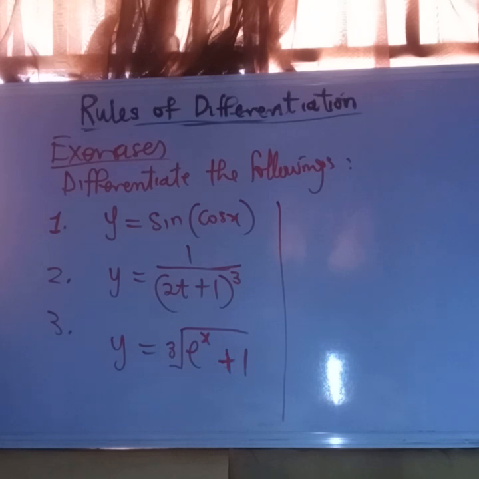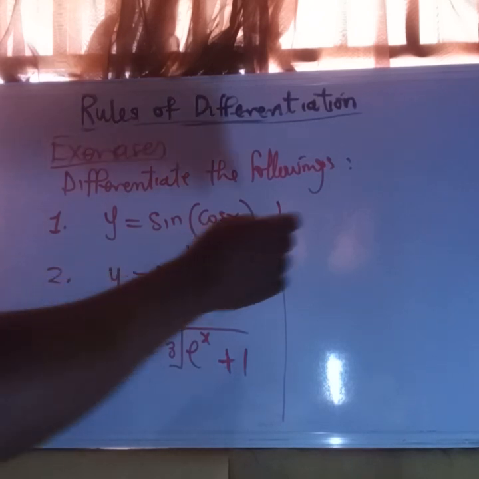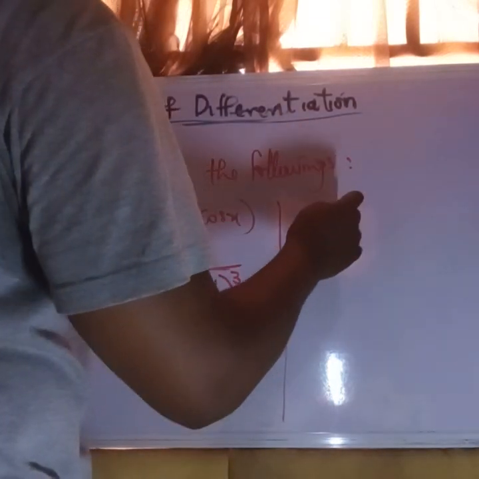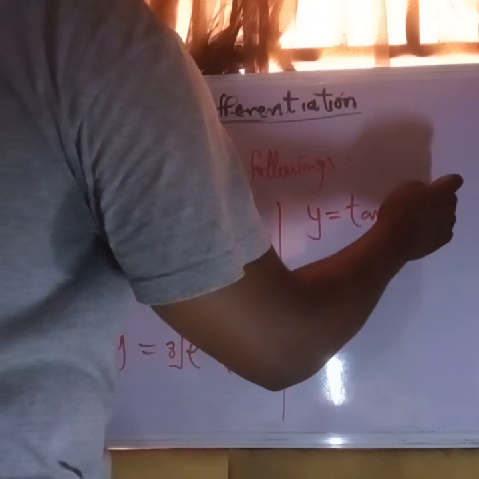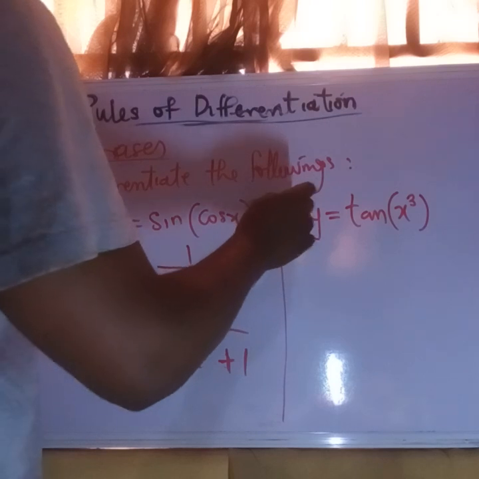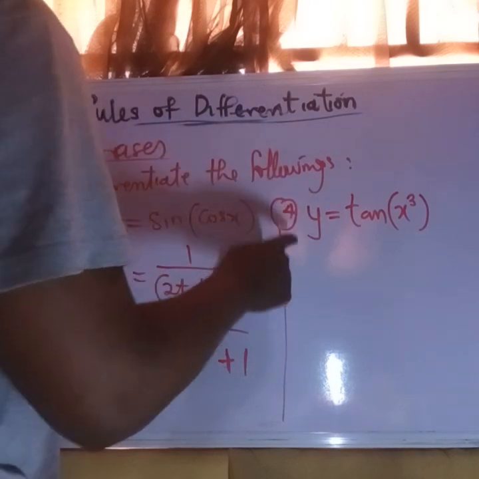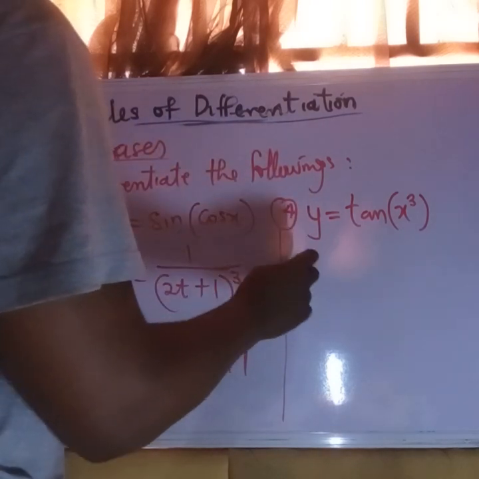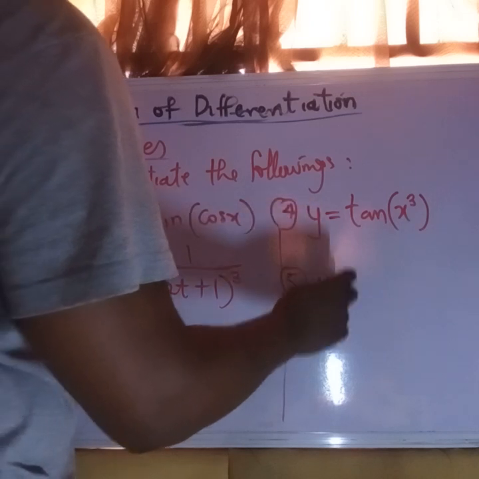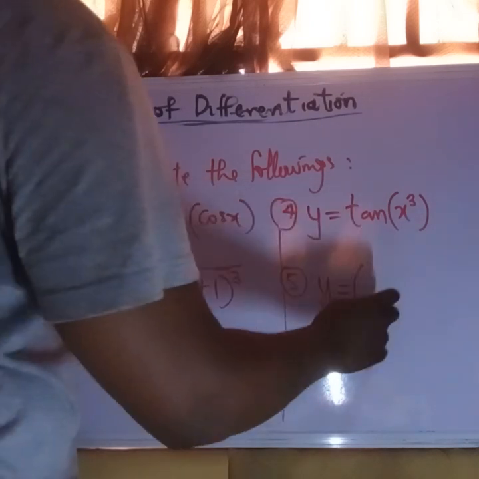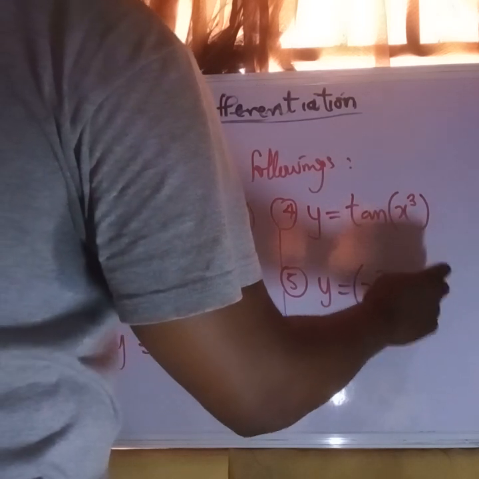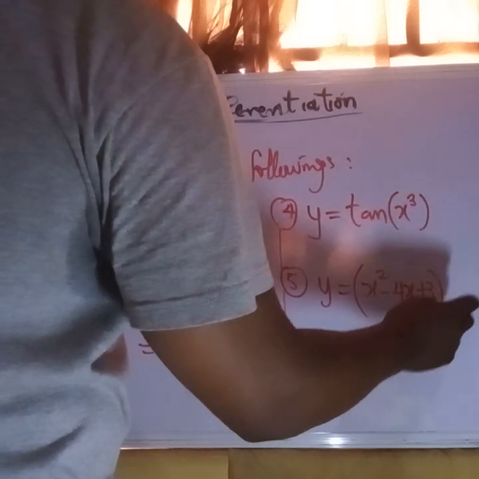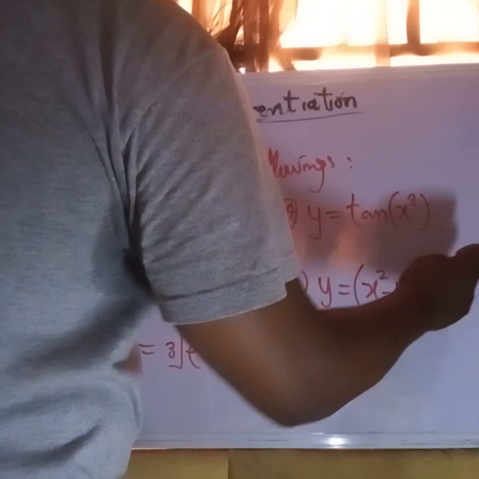If I use the function y equal to tan of x cubed, let's make this number 4, and number 5, let's have the function x squared minus 4x plus 3, raised to the power of 3.